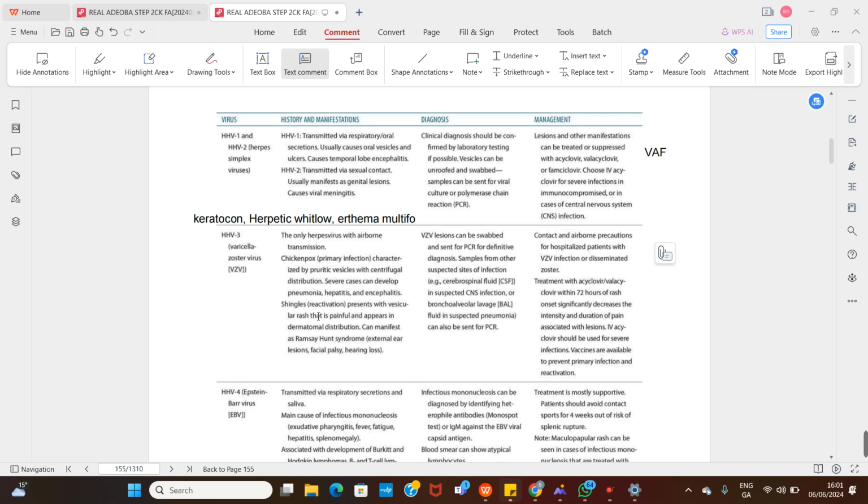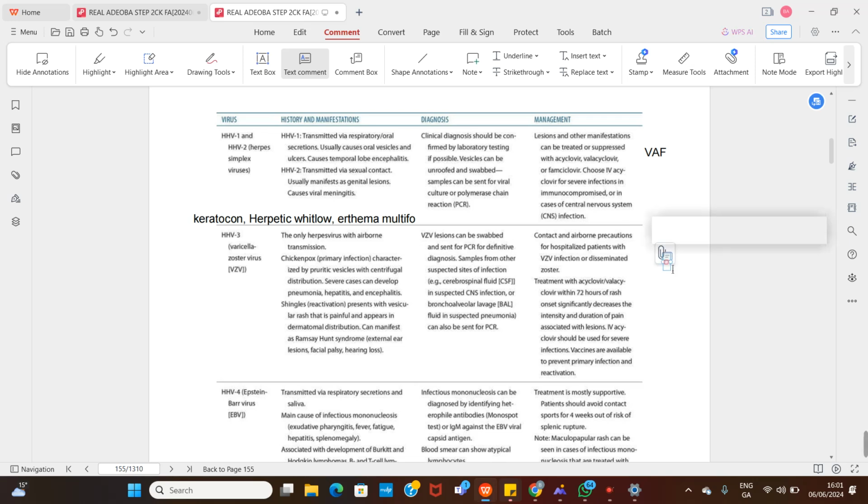They experience some burning sensations there. They experience some tingling sensation there. So once you have that, then afterwards, you now have the presence of the rash, having a dermatomal distribution, affecting a particular dermatome, a particular segment of the body. Think about shingles. Think about zoster infection.